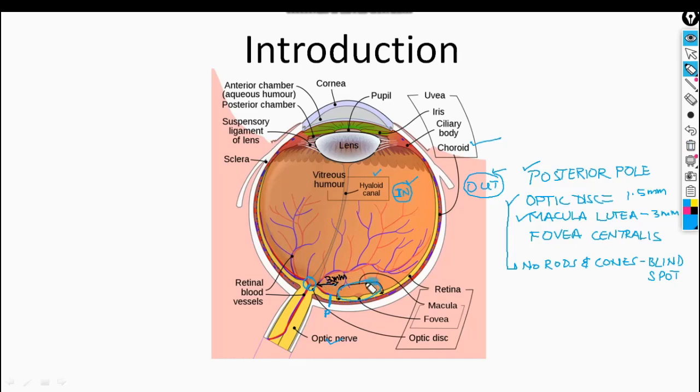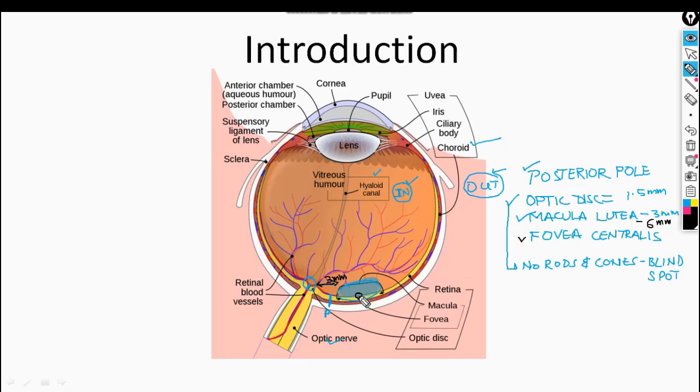This macula lutea exists as a small depression over the retina, and it is about 6 mm in diameter. In the center of this macula lutea is the point of fovea centralis. So the diameter of the macula lutea is 6 mm, and in the center you can see again a depression, as we just discussed with the optic disc.